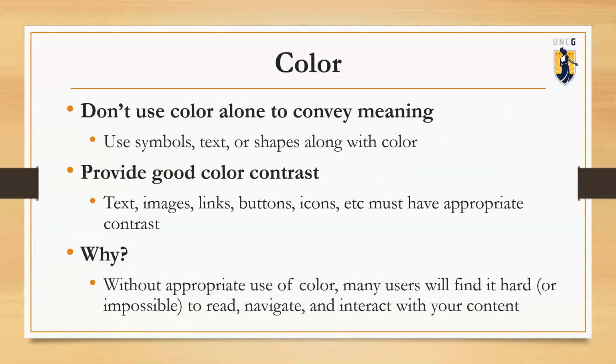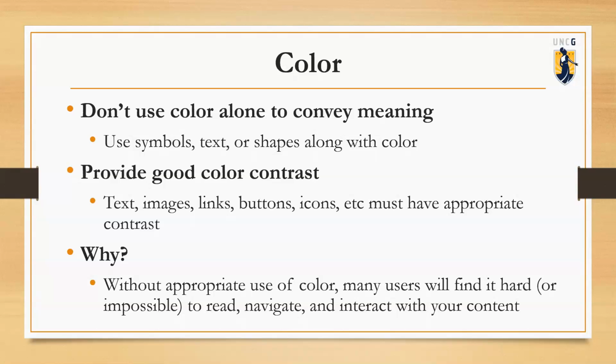Okay, so the next area I want to talk about is color. Here, we definitely don't want to use color alone to convey meaning. The best way to do this is you can use color, but also use something else, like a symbol. You can use text or shapes along with the color.